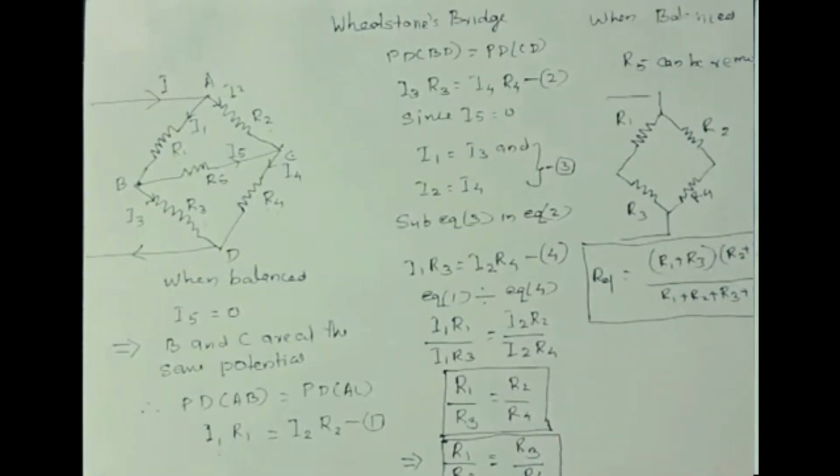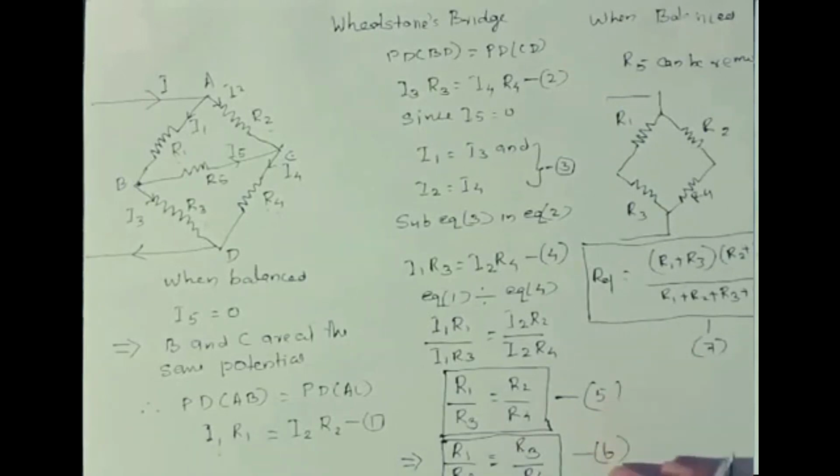So there are two important things you have to remember. Let's take these as equation 5, equation 6, and here we have equation 7. So equations 5, 6 and 7 tell you the conclusions.